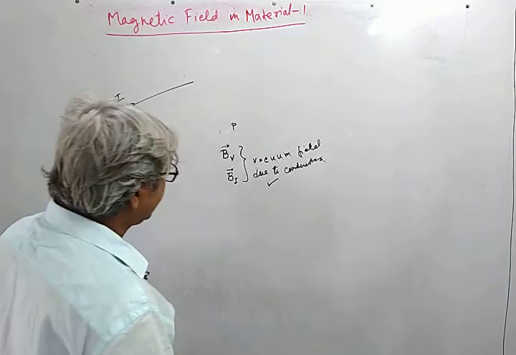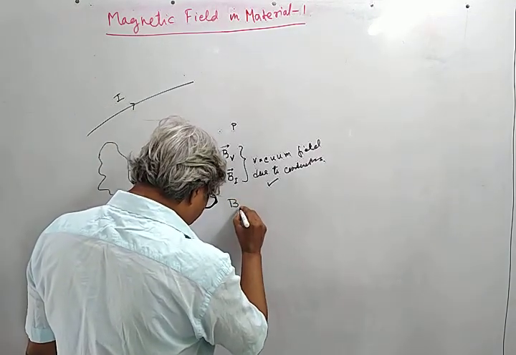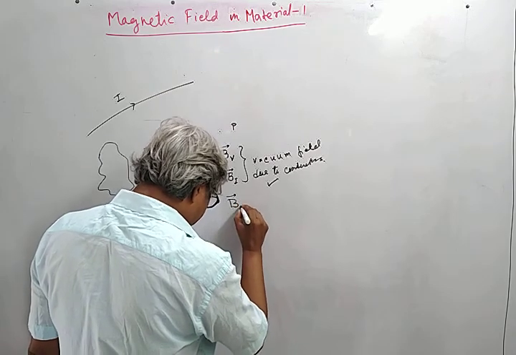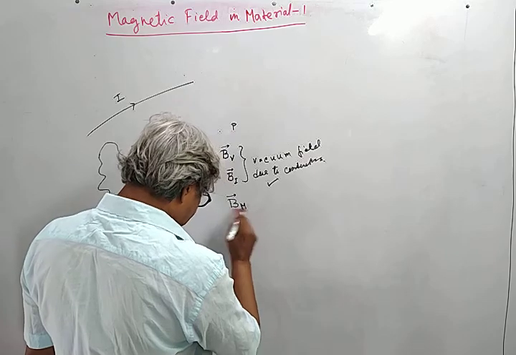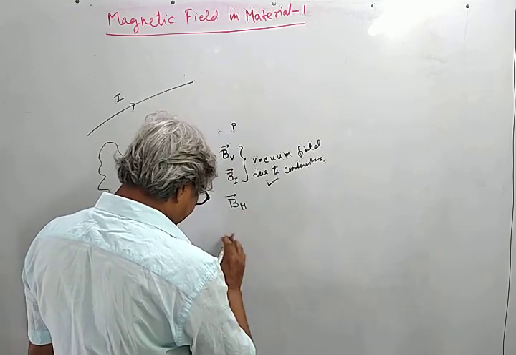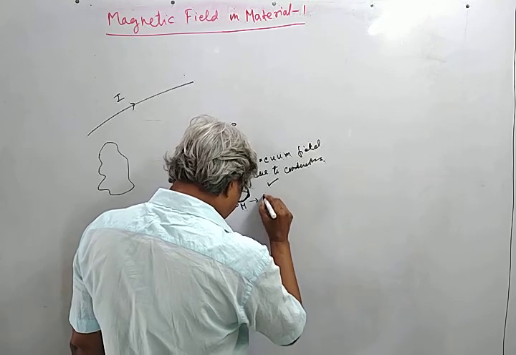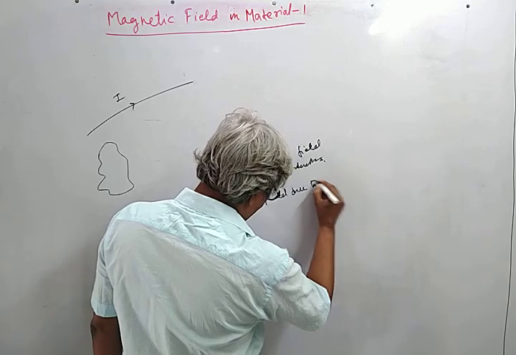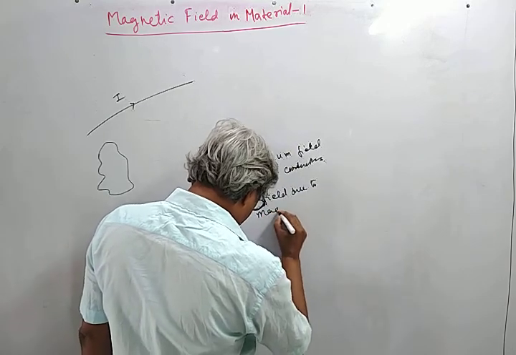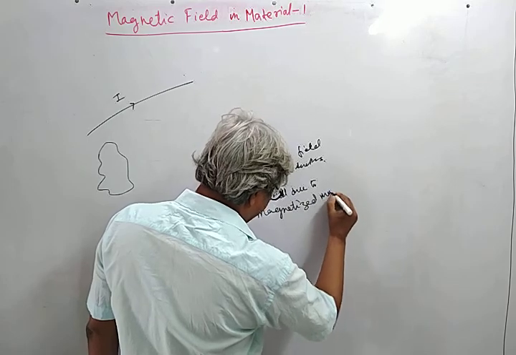So the addition is the field due to the magnetization, or the magnetization field, the field due to the magnetized material.